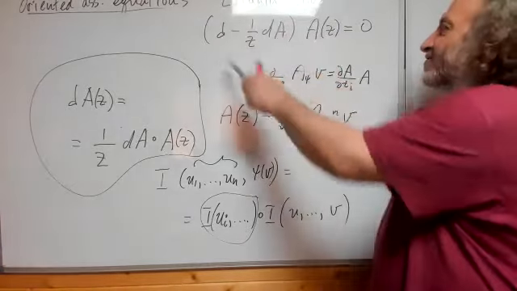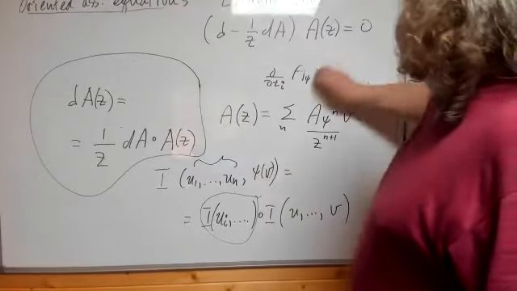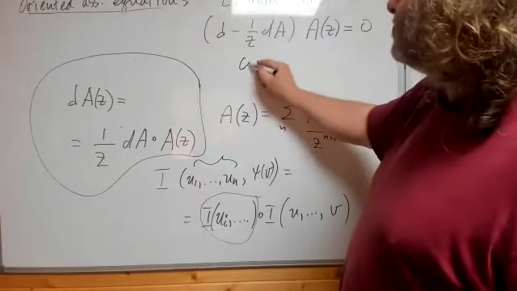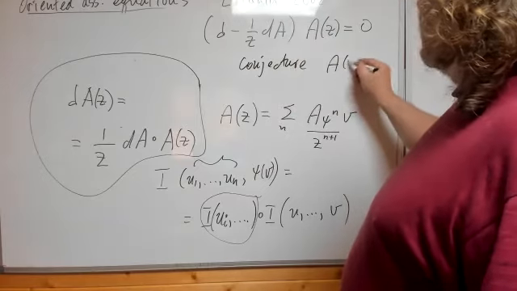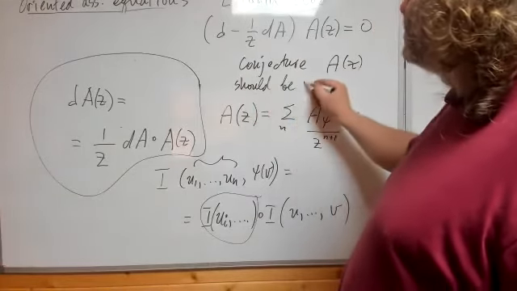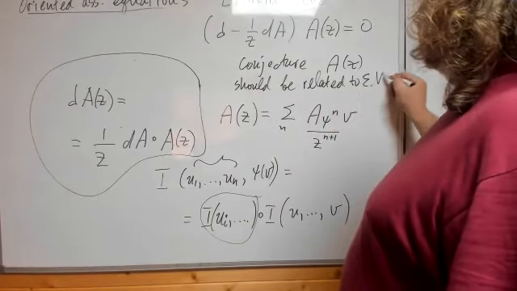So if this is true, so conjecture, A of Z should be related to equivariant volumes.